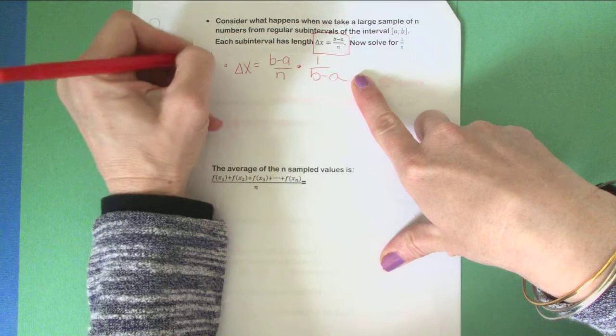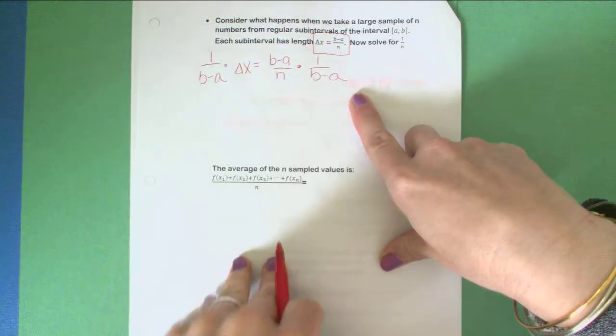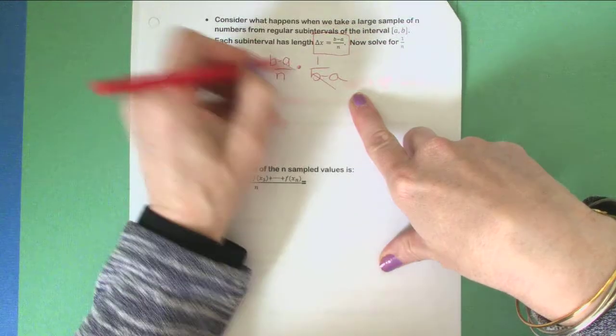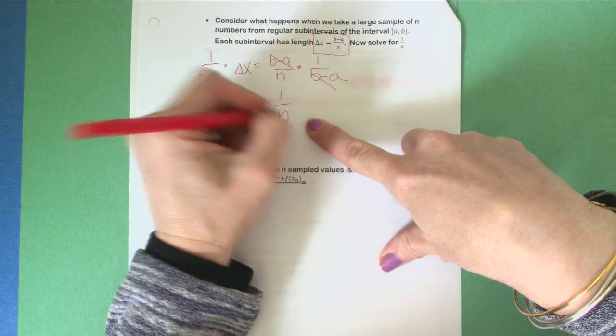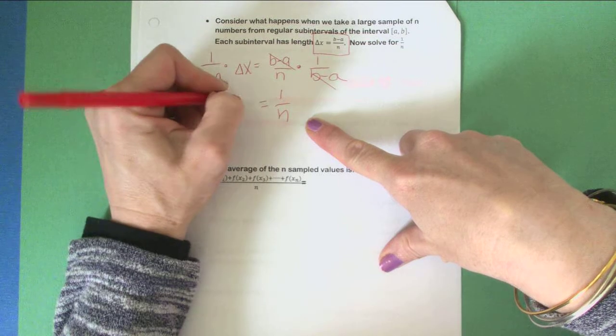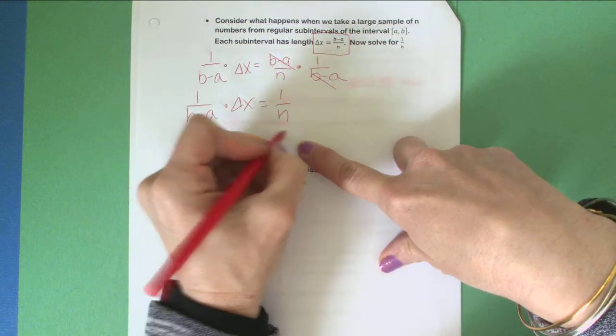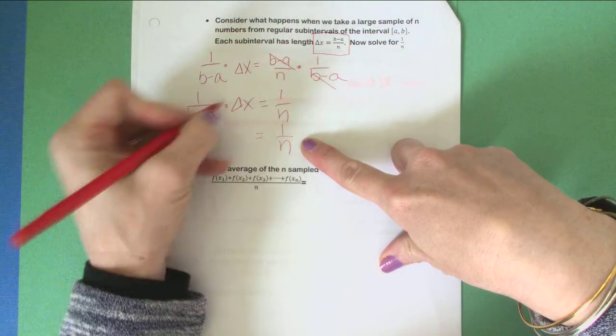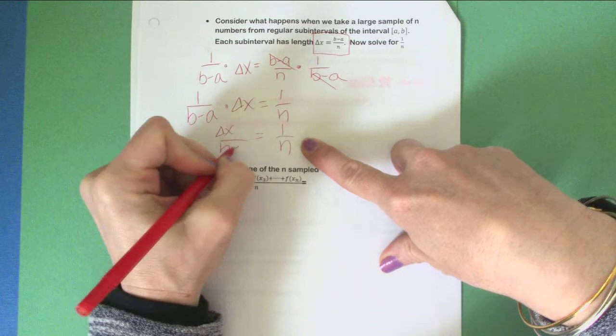These b minus a's will cancel, and I'll have 1 over n equals 1 over b minus a times delta x. Or I could write that as 1 over n equals delta x over b minus a. So just keep that in your back pocket for a minute.